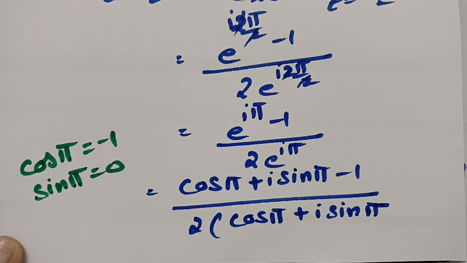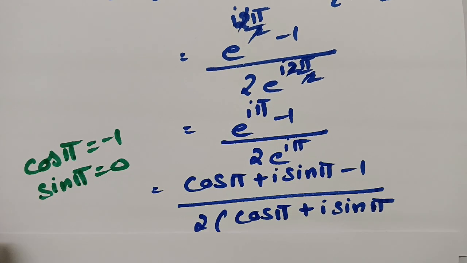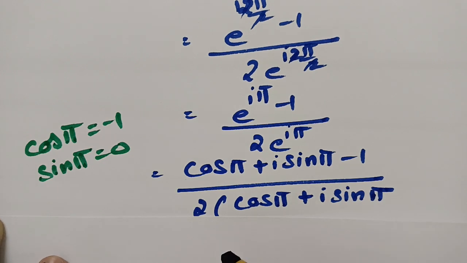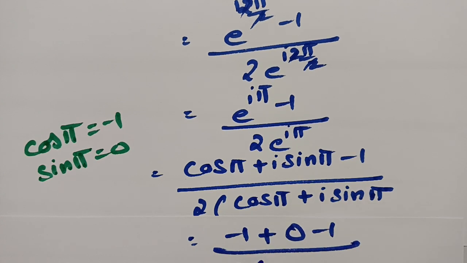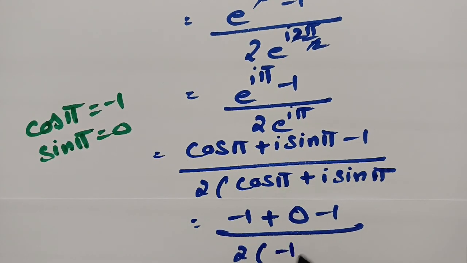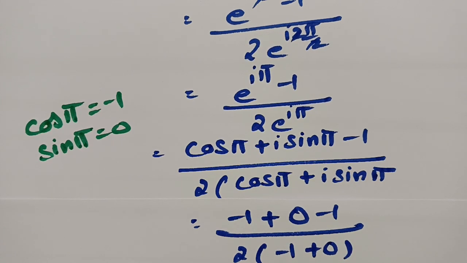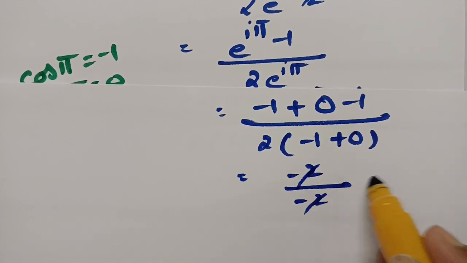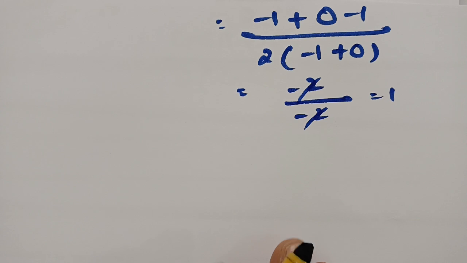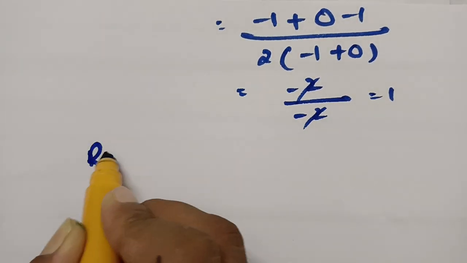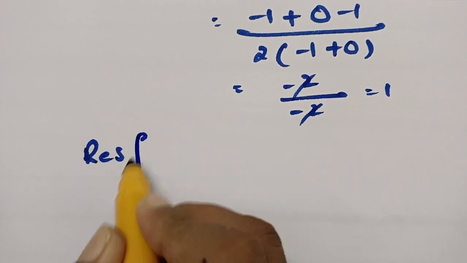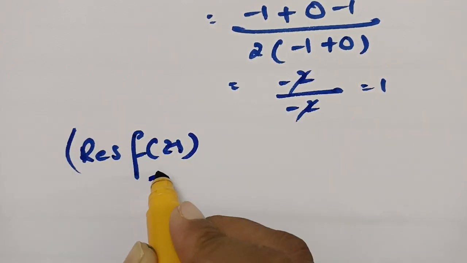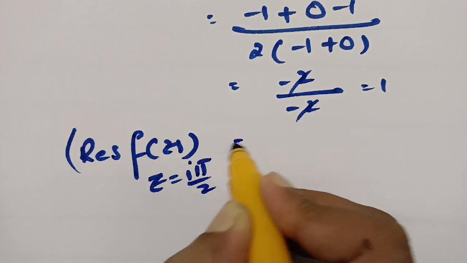If I substitute these values here, cos π is minus 1 and sin π is 0, so this is minus 2 by minus 2. So we got the residue value: the residue of f(z) at the pole z = iπ/2 is 1.